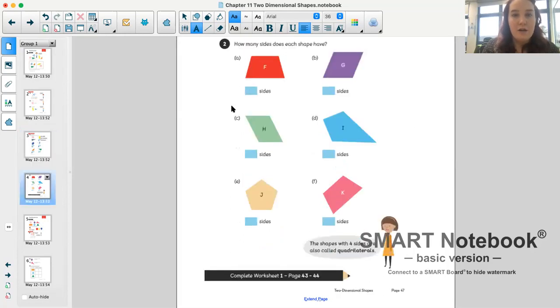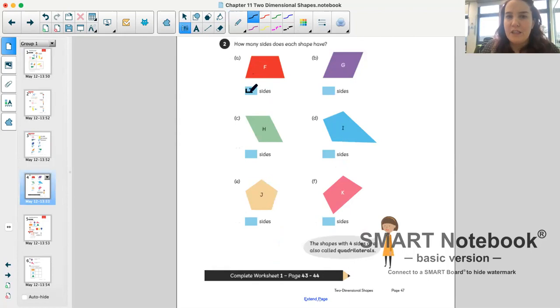Let's have another look. So now, how many sides does this shape have? So it's got 1, 2, 3, 4 sides again, but this is a bit of a funny shape. Does anybody know what this funny shape is called? Okay, so all shapes that have 4 sides are called a quadrilateral.